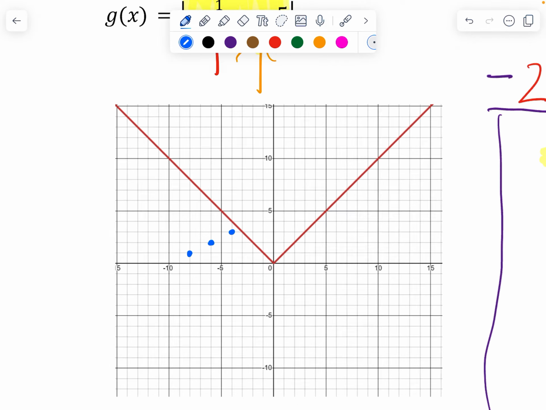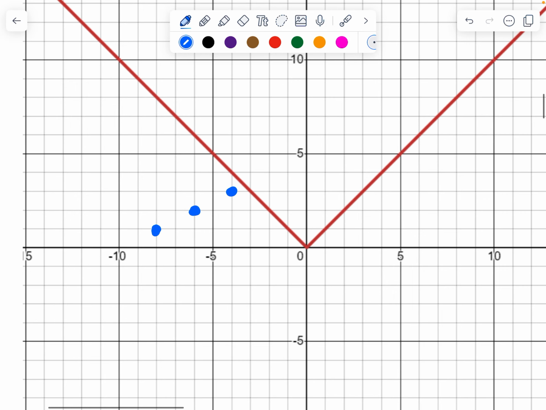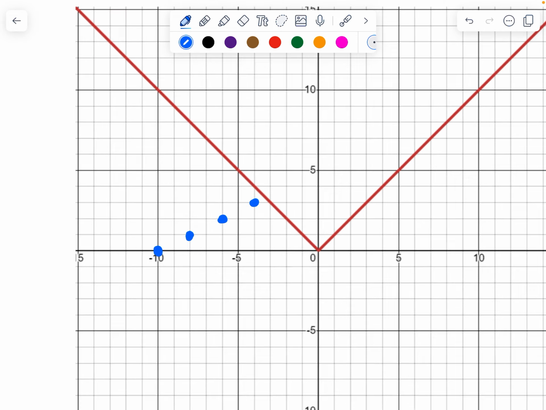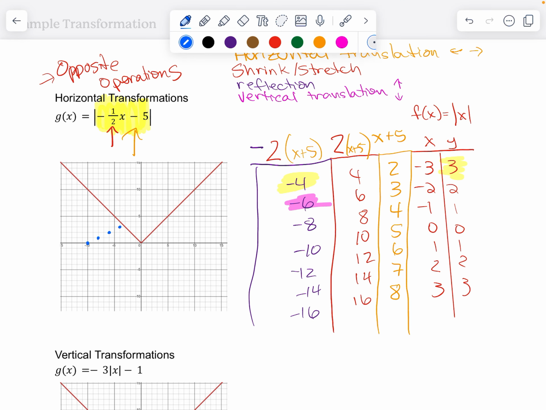And then we have negative 10, 0, and then negative 12. Let's do it like this because I just need to make sure I'm doing this right. Color coding, if you can't tell. Negative 10 was 0, and then negative 12 gets me 1.